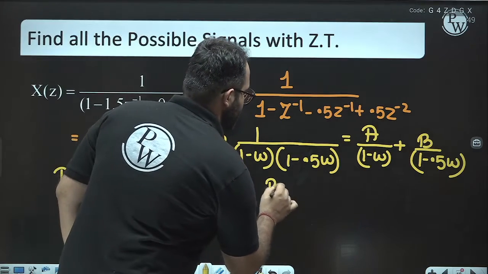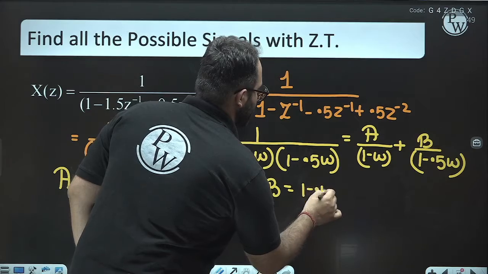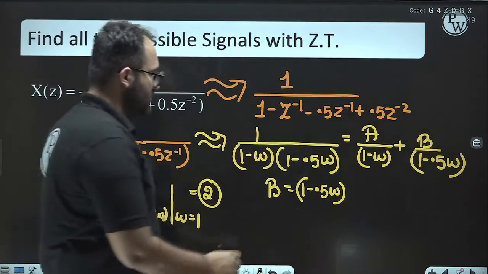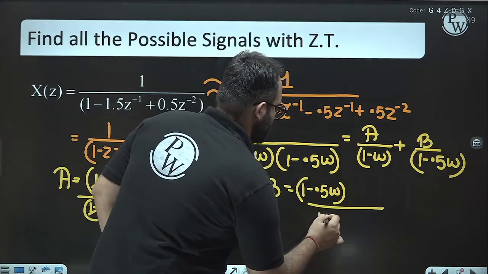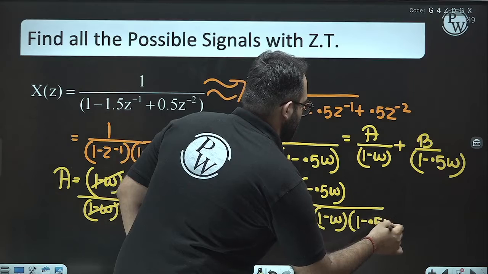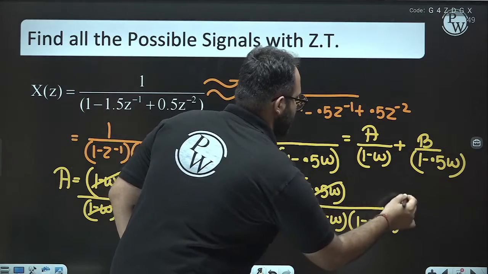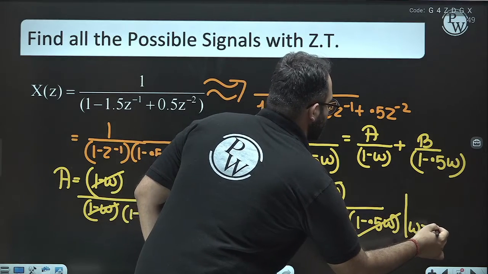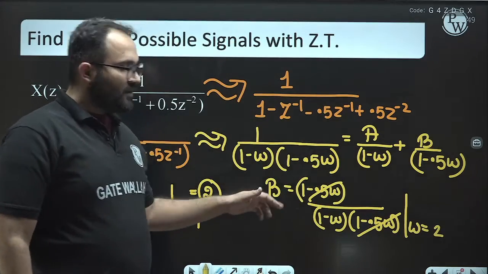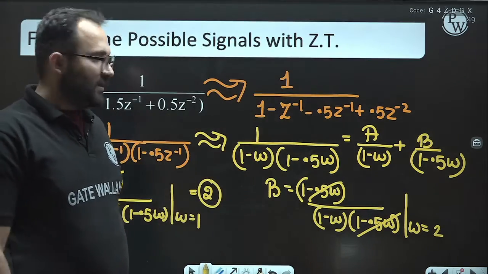Similarly, we find B. B is equal to 1 minus 0.5 w multiplied by this function. This and this will cancel out. We put w equal to 2. So okay, we put w equal to 2, we get B equal to minus 1.